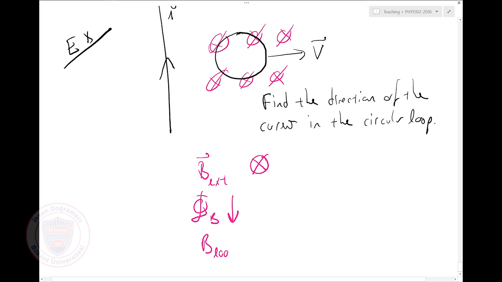What does Monsieur Lenz tell us? It tells us the loop will resist. The loop will try to keep flux constant. So B loop must be in the same direction as B external. Okay.